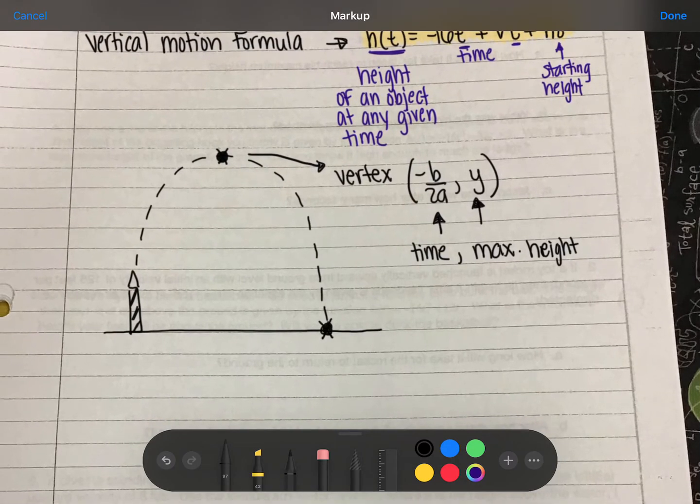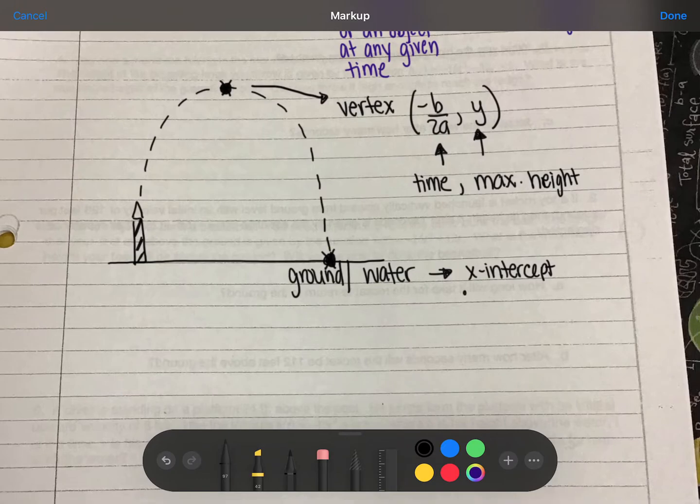And they may ask you, how long does it take for that object to return back to the ground? So if they ask you, how long does it take for the object to hit the ground or land in the water or something like that, that means you need to find the x-intercepts. And the x-intercept could be found by factoring. It can be found by using the quadratic formula.